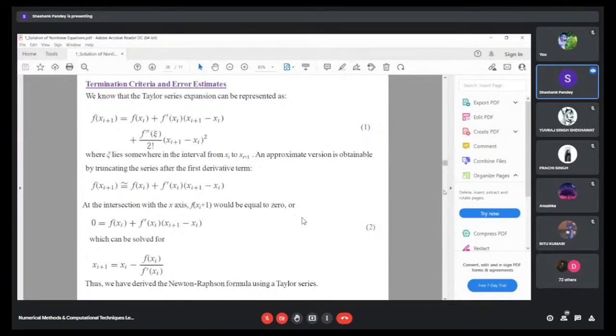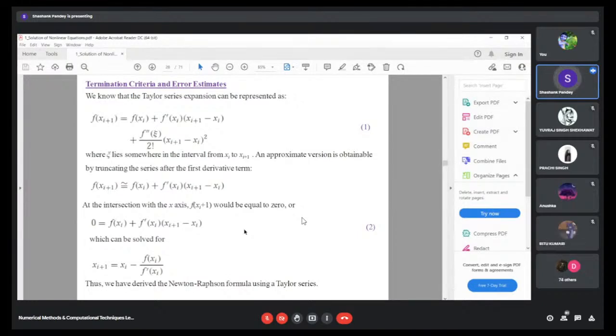Since at the point of intersection the value of f(x) will be 0, we make the left hand side 0 and compute the value of x(i+1), which is an approximate root, as xi minus f(xi) upon f'(xi). Here the prime represents the derivative of the function, and f(x) represents the value of the function at the point. So this is how we compute the root using the Newton-Raphson method, using the Taylor series.